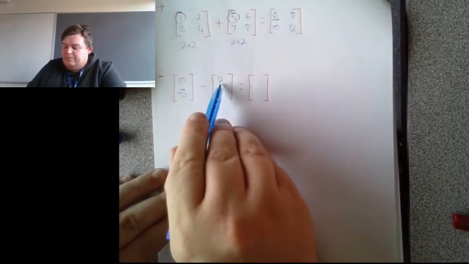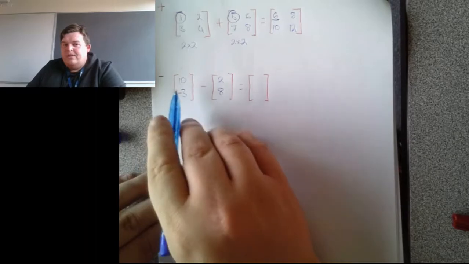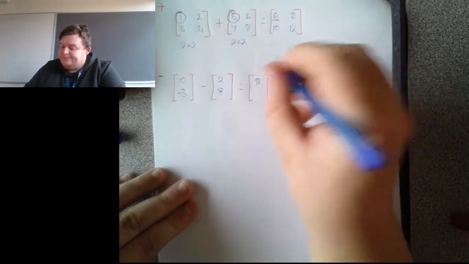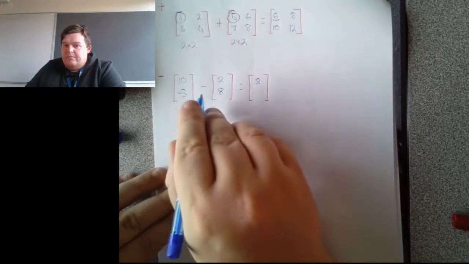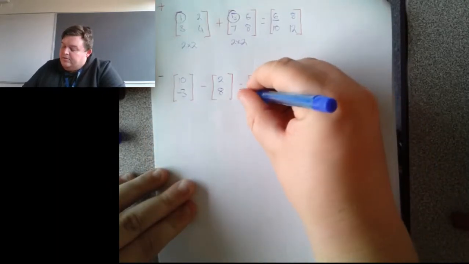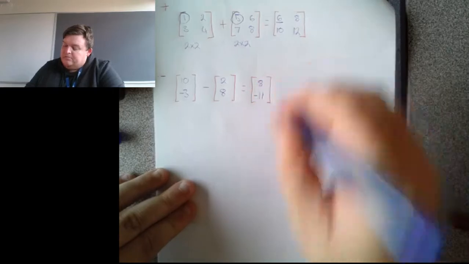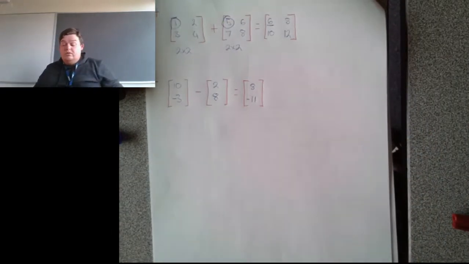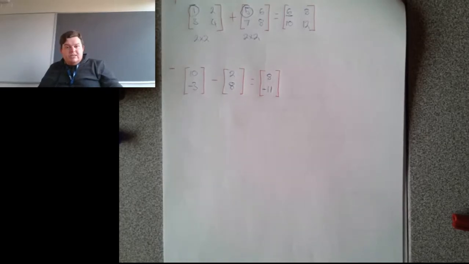So 10, but minus 2, so I'm not going to plus them, I'm going to minus them. 10 minus 2 gives me 8. Negative 3 minus 8 gives me negative 11. So I think plussing and minusing matrices is pretty straightforward. It's just figuring out the process. So that's nice and easy.